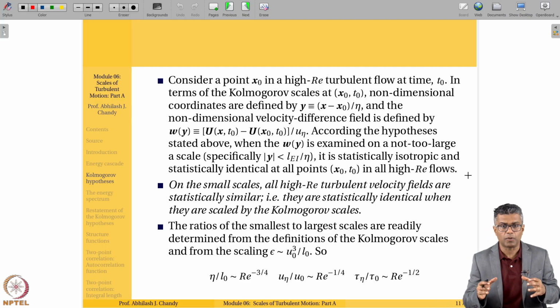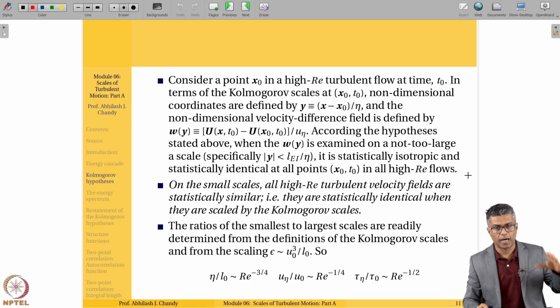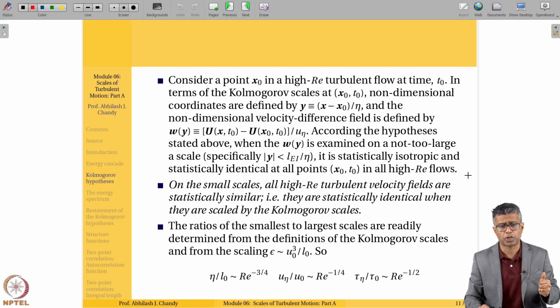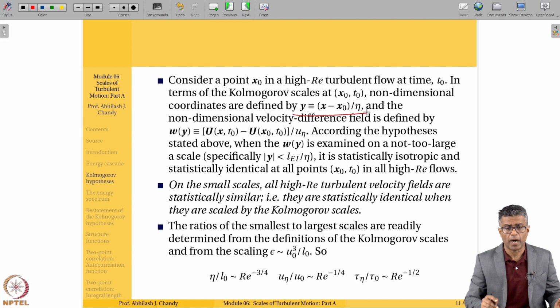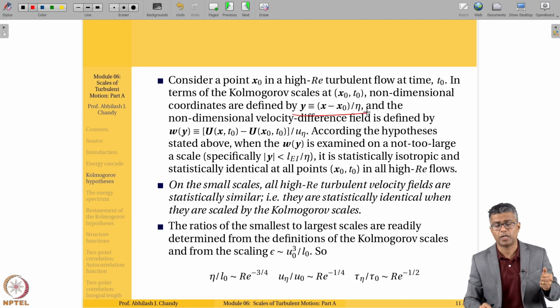Then what we did was we considered, say, a point in a high Reynolds number flow, and let's say in non-dimensional coordinates we express it as y is equal to x minus x naught divided by eta. Here what we are doing is subtracting a reference point, but the more important thing is we are dividing it by the Kolmogorov scale.